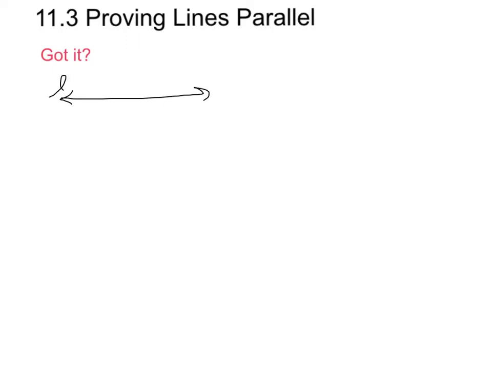You have line L, and you have line M. 6 and 7 are formed by the transversal B. So if angle 6 and angle 7 are congruent, then we know that line L is parallel to line M. So line L and line M are parallel.